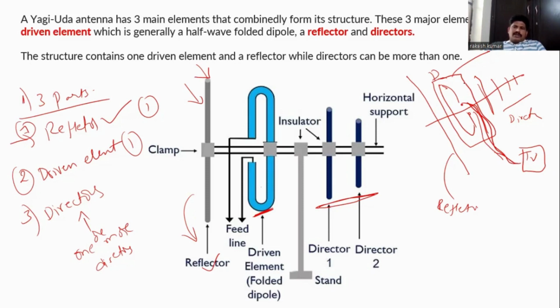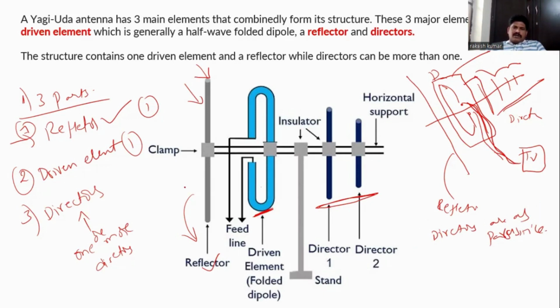Due to its excitation, the remaining elements also get excited. That's why the directors are called passive, parasitic elements. So the Yagi Uda antenna is a combination of both active and parasitic components.